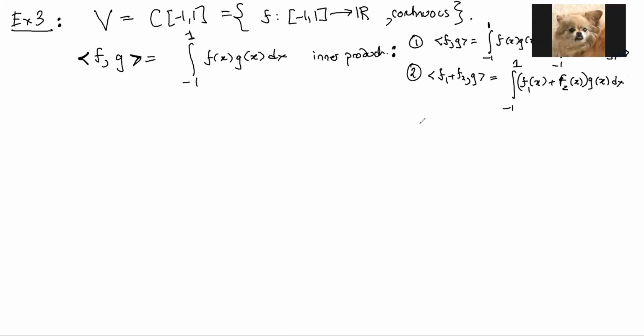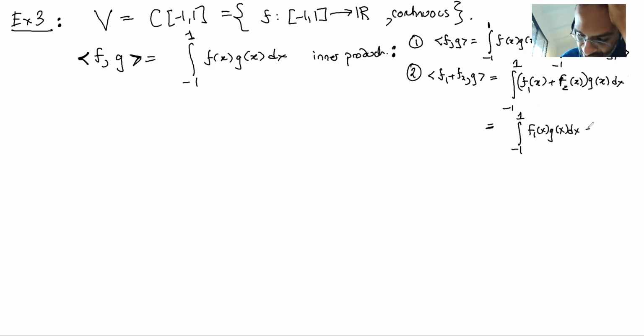Just expand it. Yeah, so now I'm going to use a property of integrals, which is you can split this into 2 integrals. That's a property of integration, and that's what makes this work, that integration has the right properties. And that is indeed f1 inner product g plus f2 inner product g.